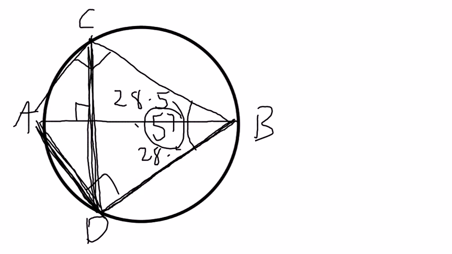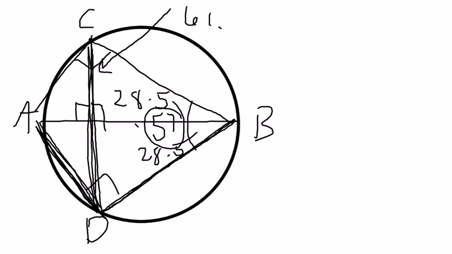So basically, you have two angles of a triangle. So there's 90 degrees supplementary to this angle, and so you can easily find this one as 61.5.